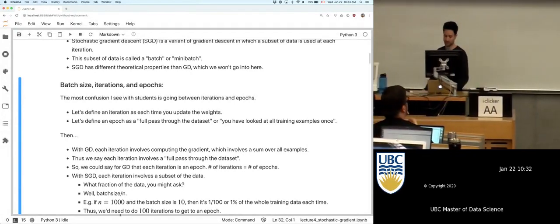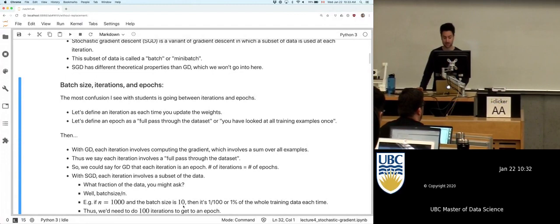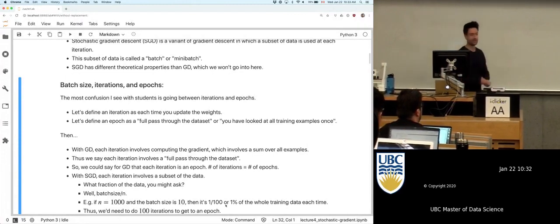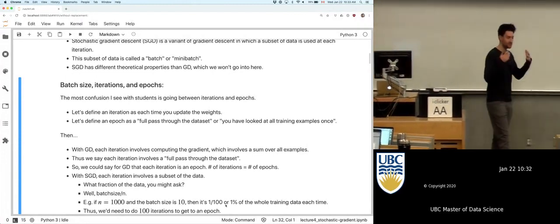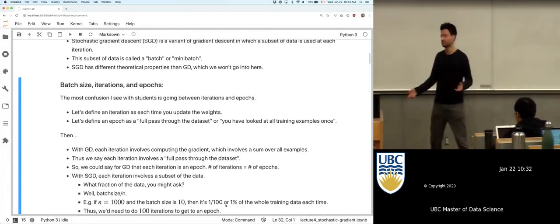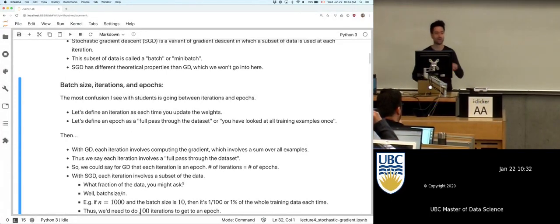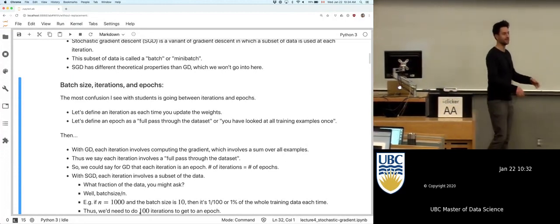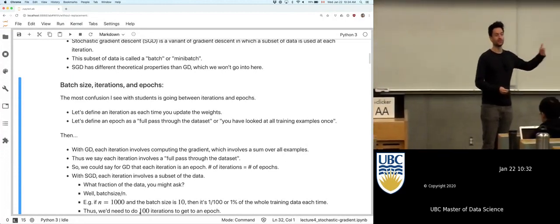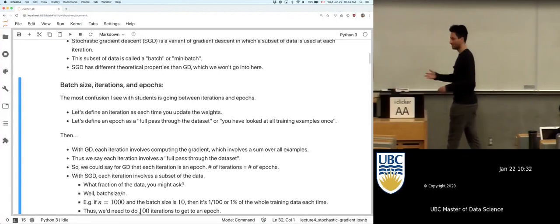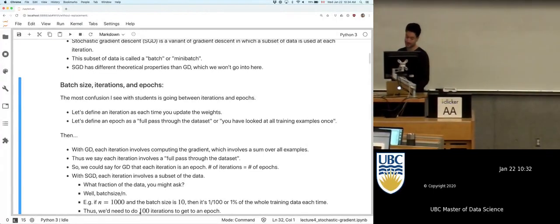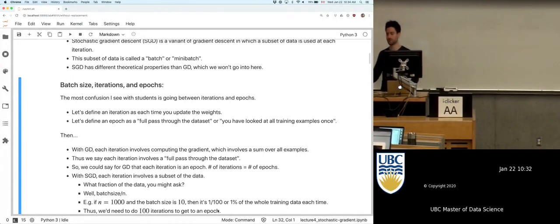So for example, if you have 1,000 training examples and batch size is 10, then you're looking at 1% of the data every time because you're looking at 10 out of 1,000 examples every time. And so you'd need to do 100 of these 1% looking at the data operations to get to the equivalent of looking at everything. And so that's what we would say. In this example, there's 100 iterations per epoch.